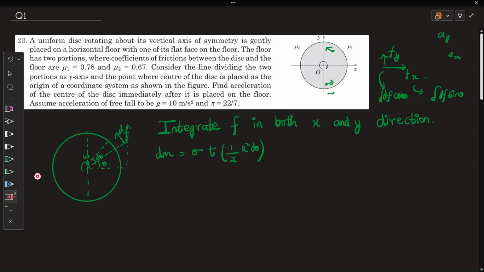Now, if you think properly, let me erase these things. At this particular point, let's take two points symmetrical about the x-axis. At this point, velocity is in this direction, so friction will be in this direction. At this other point, velocity is in this direction, so friction will be in this direction. For these two points, the magnitude will be the same because of the same coefficient of friction, same mass and same values.